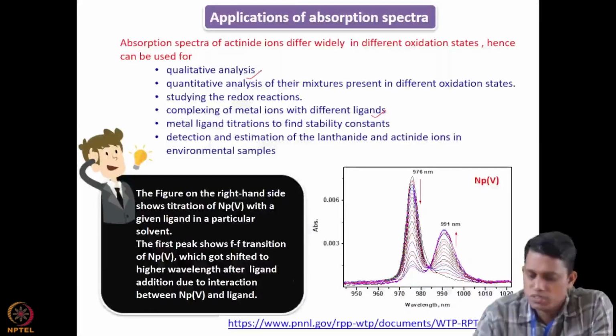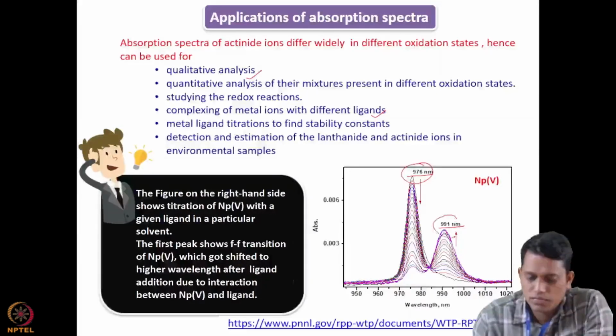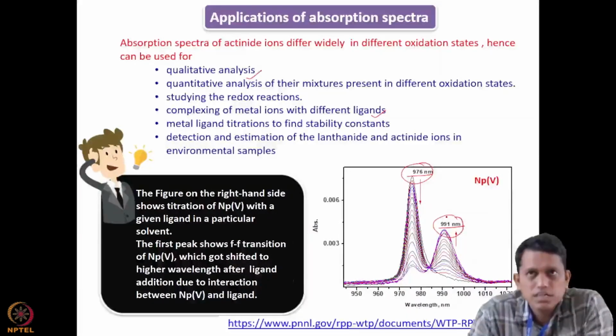If someone starts with some concentration of neptunium and does the titration with some ligand, there is a shift of the peak from around 976 to 991. By fitting the titration data, using certain software that comes for that, and it is simply based on the Lambert-Beer law, you can get an idea about the stability constant of this complex just by using spectrophotometric titration.